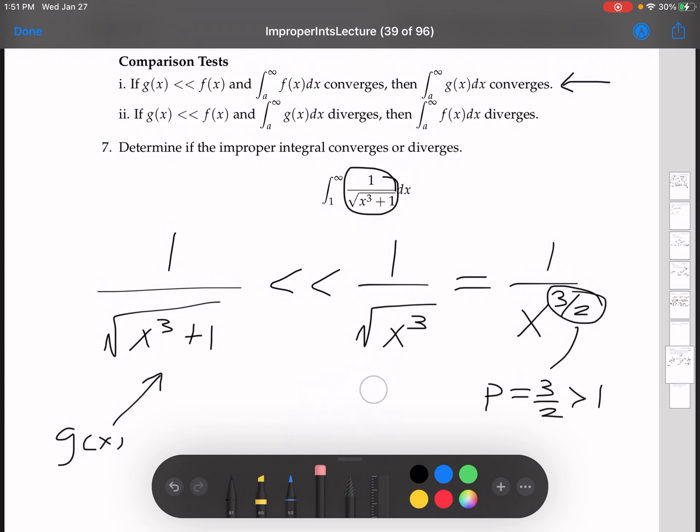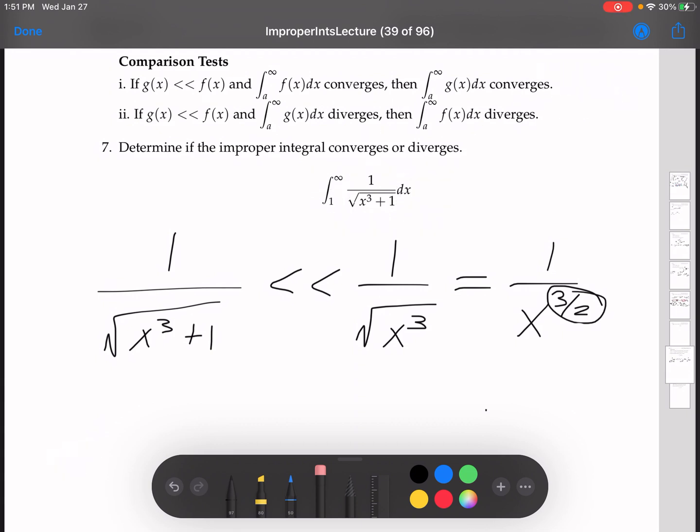Now, let's talk about a little intuition for why we should think this. Why is 1 over the square root of x cubed plus 1 smaller than 1 over the square root of x cubed? So you can think of it as you're dividing by more, right?